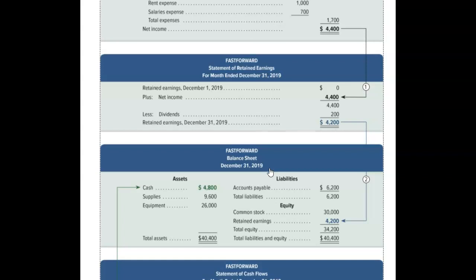Finally, let's take a moment to discuss the statement of cash flows. We're only going to take an overview of this financial statement in Chapter 1. Then we won't prepare a statement of cash flows again until we get to the end of the semester. We'll cover statement of cash flows in depth when we get to Chapter 12.